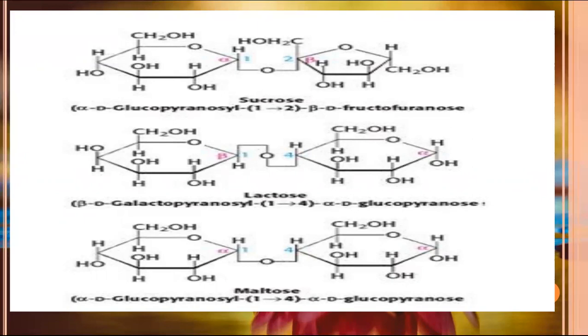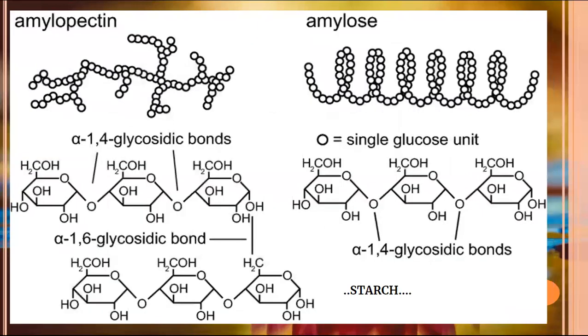Only in polysaccharides, in side chain formation, alpha 1,6 glycosidic bonds are formed, but in the formation of the straight chain structure, alpha 1,4 glycosidic bonds are always present in polysaccharides.